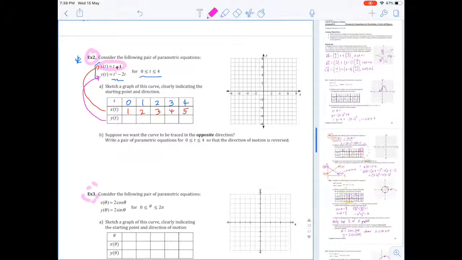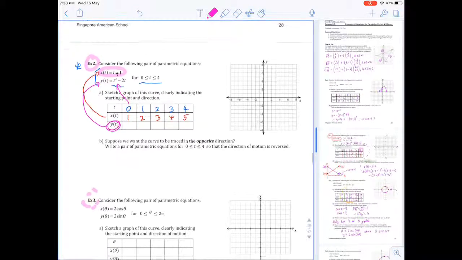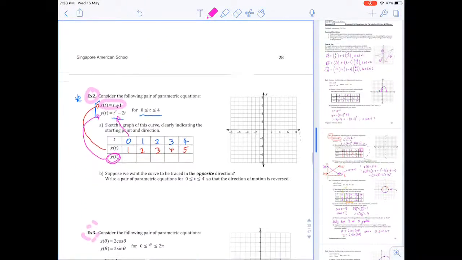So y of t. A very common error is to substitute x values in to find these. That is an error. The y relationship is with respect to time, so in order to find the y values, I'm subbing in the list of time values, not the list of x values.